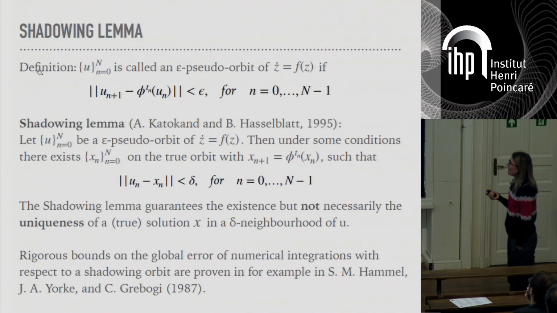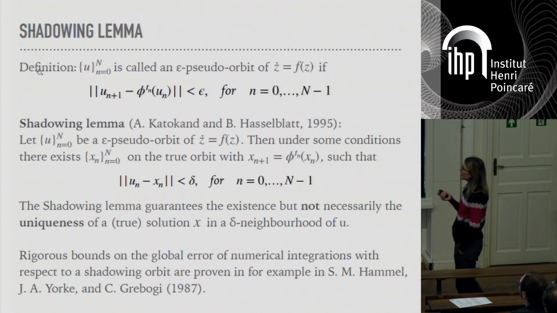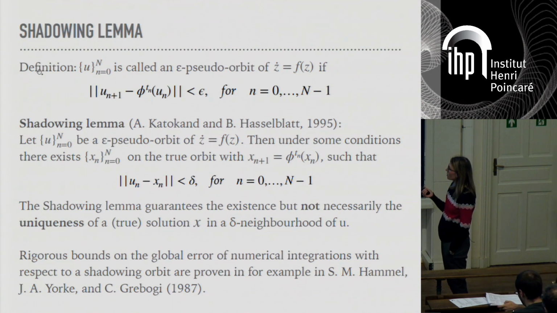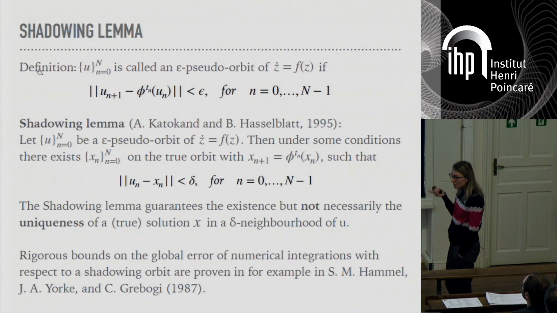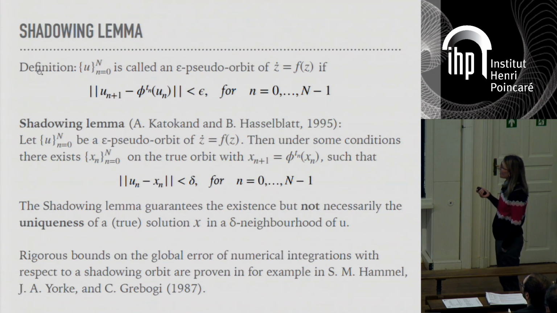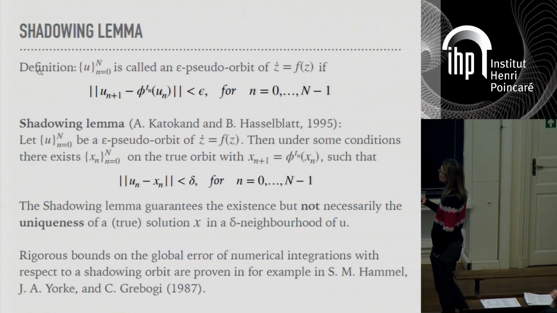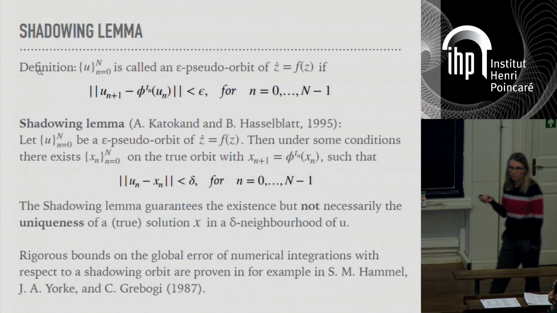And there is a shadowing lemma which was proved in 1995 that, so let u n, 0 to N, be an epsilon pseudo-orbit of this dynamical system. Then under some conditions, and I'm not going to tell what the conditions are, there exists an x n. So x n is on the true orbit. So there will be points on the true orbit such that the distance between the pseudo-orbit u n and the true orbit x n is less than some delta in the norm.